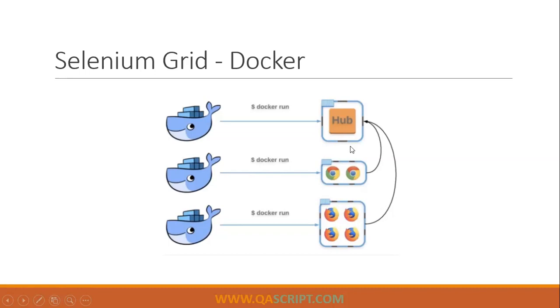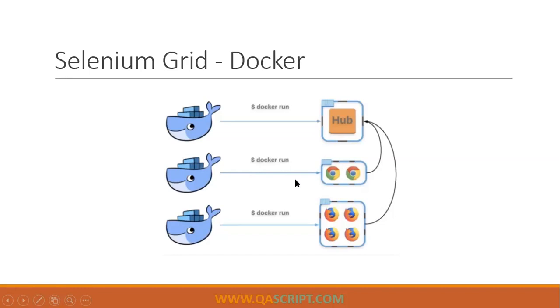So there will be three containers running in Docker, and our Selenium WebDriver will contact this hub container, and then these node containers will be registered with this hub container. When we fire any commands to the hub, they will get executed on these Docker containers.